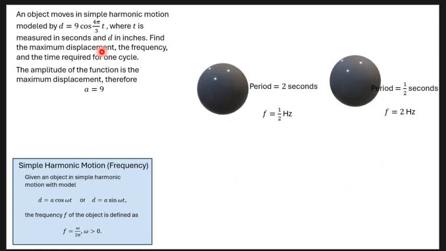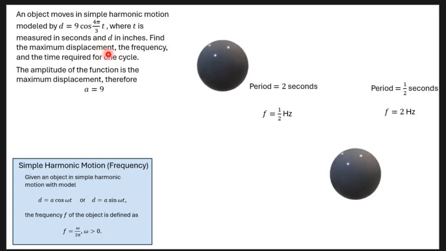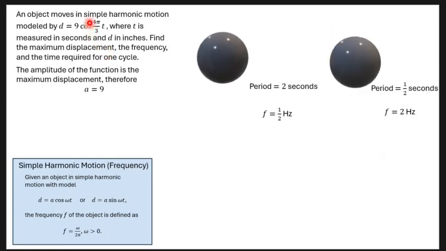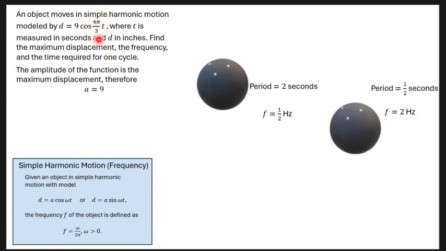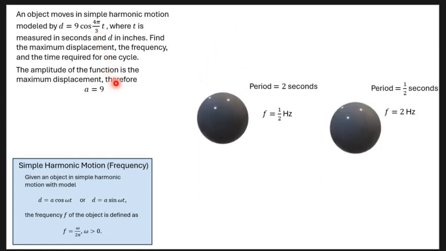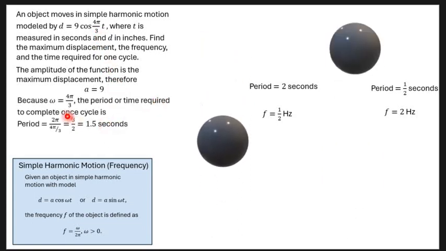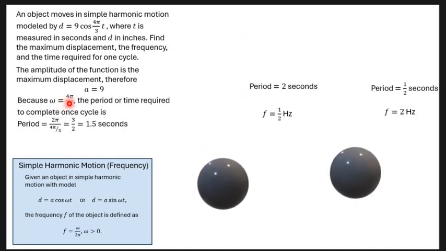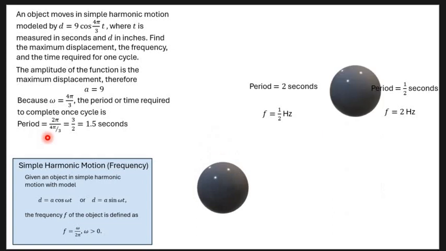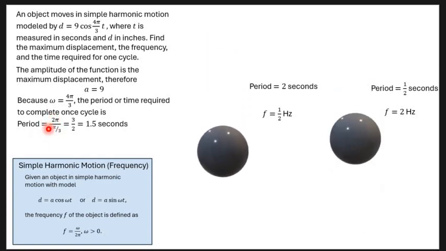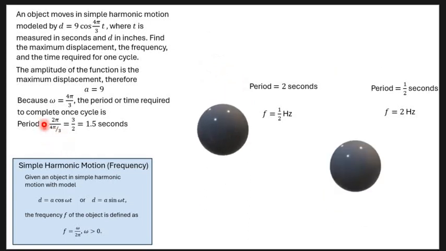We also know that the time it takes to complete one full cycle, or the period, is equal to 2 pi over omega, where omega in this case is 4 pi over 3. So if we want to find the period, we take omega, which is 4 pi over 3, and we remember that the period is equal to 2 pi over omega, which would be 2 pi over 4 pi over 3.